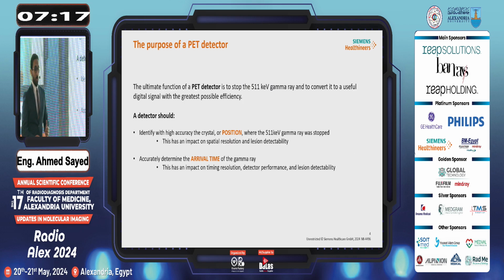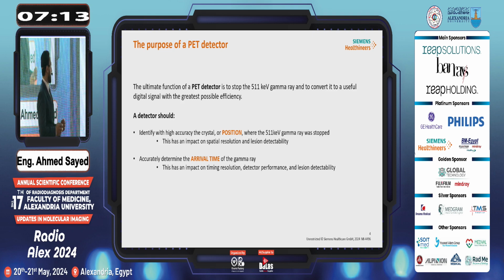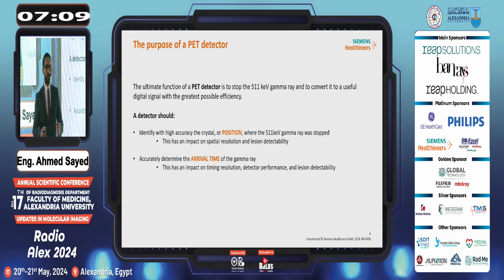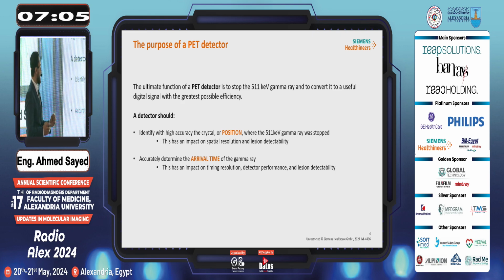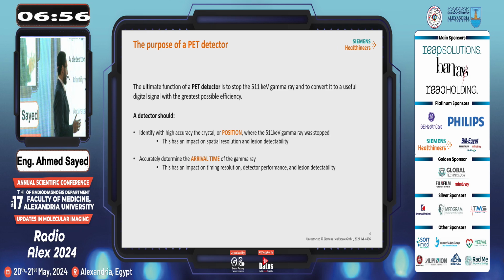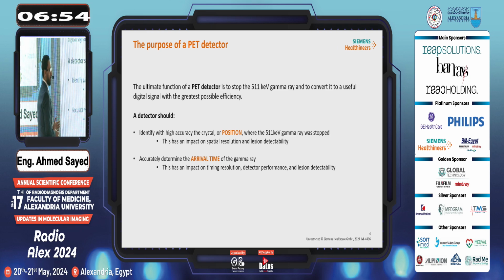Okay, so we have two very important things that the PET detector should have. The PET detector should know accurately the position and the arrival time of gamma rays, because this will affect the lesion detectability and detector performance.